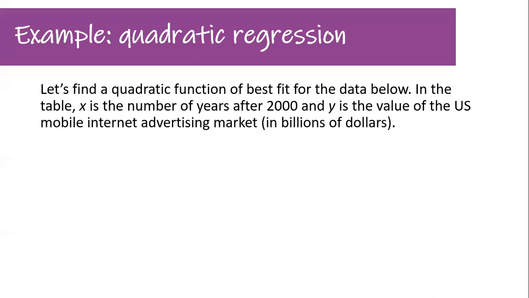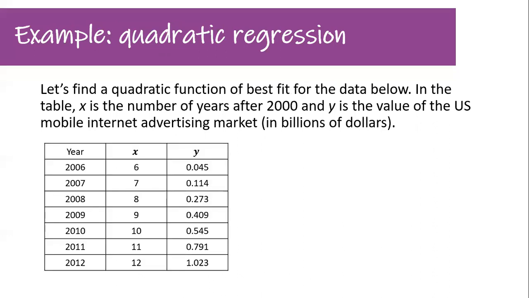We want to find a quadratic function of best fit for the data below. In this table, x is going to be the number of years after 2000, and y is going to be the value of the US mobile internet advertising market in billions of dollars. As you suspect, since 2000, the internet advertising is going up, but we're going to see that it's actually going up at a quadratic rate.